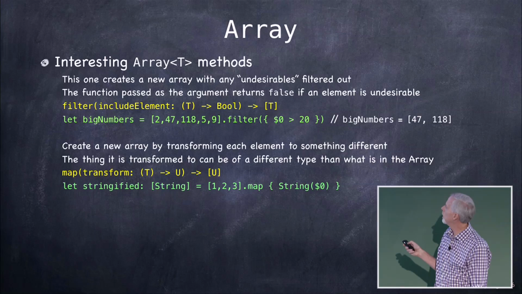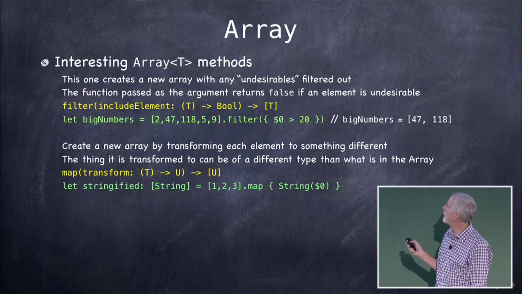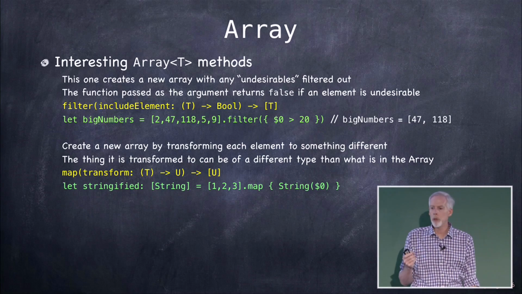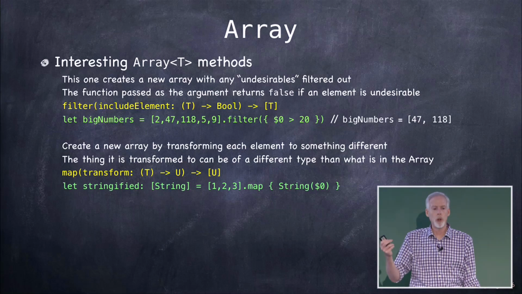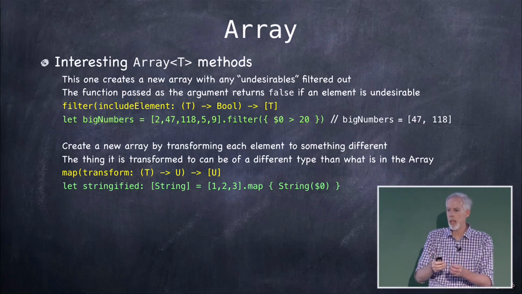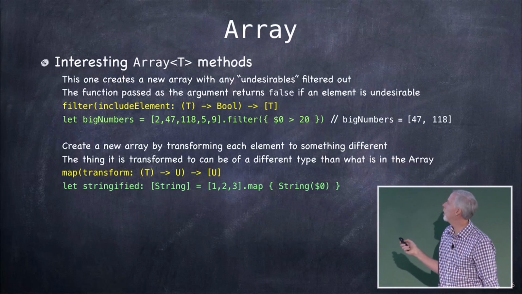Map takes an argument, which is a closure there, but I have no parentheses after map around the curly braces like I had up here with filter. I put this in here to show you that those parentheses are optional when a closure is the last argument to a function. When a closure is the last argument to the function, it can be outside of the function's parentheses, okay, and live on its own out here.